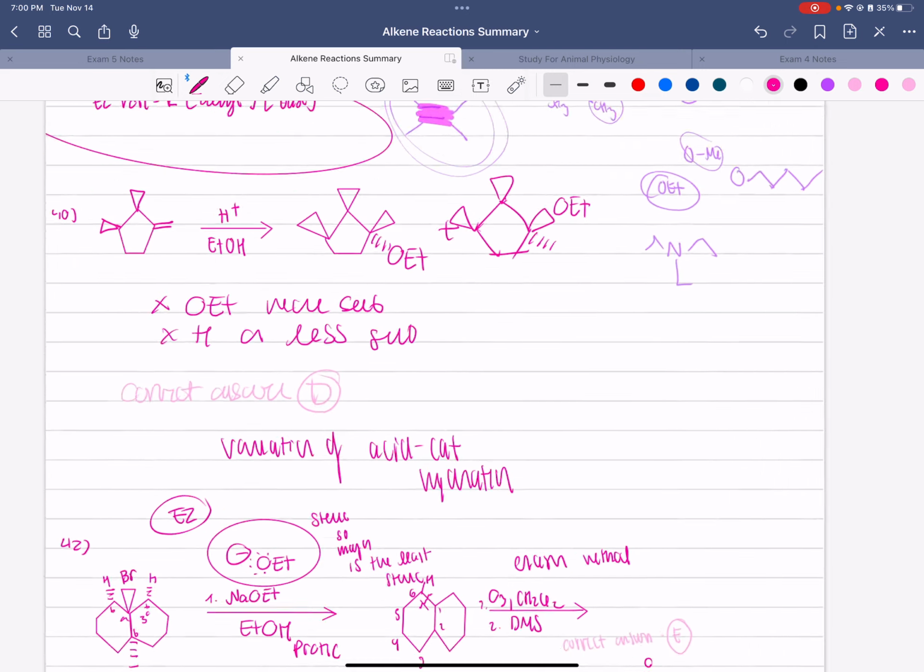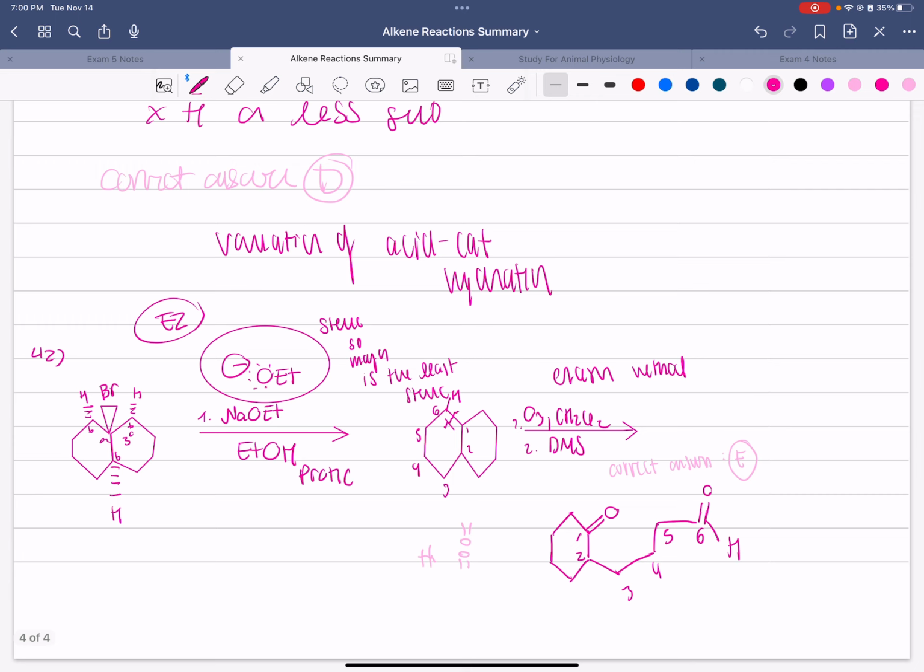Something that I did notice is that possibly the teacher didn't mention that if you have something like this, like 1, 2, 2A to D, 2B, DMS, O3, CH, I'm writing it again, what I did in here.